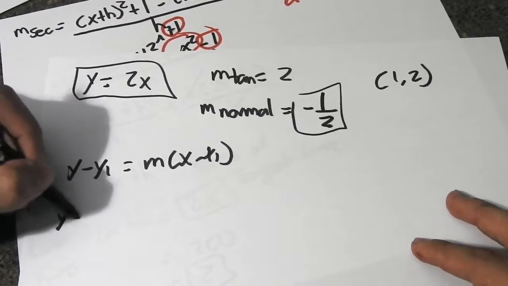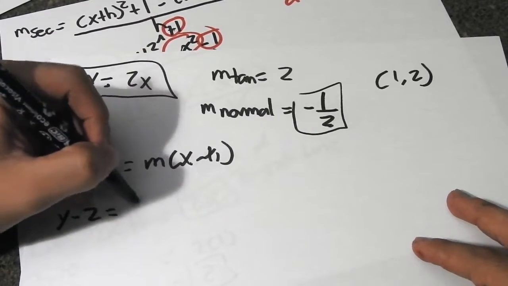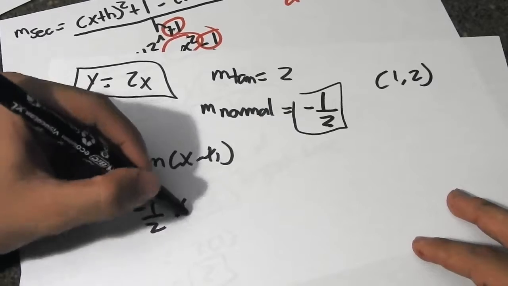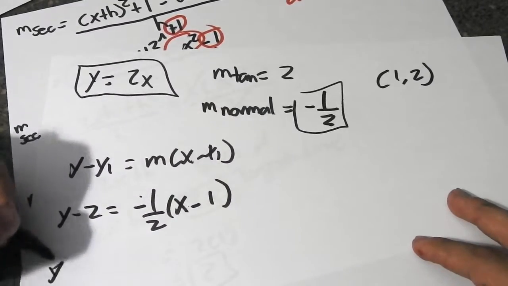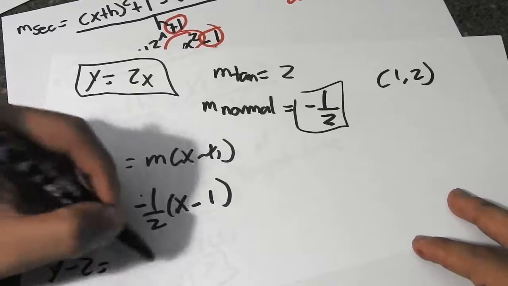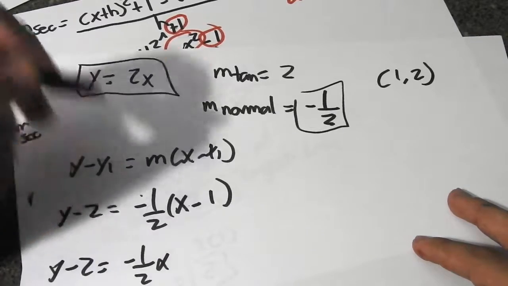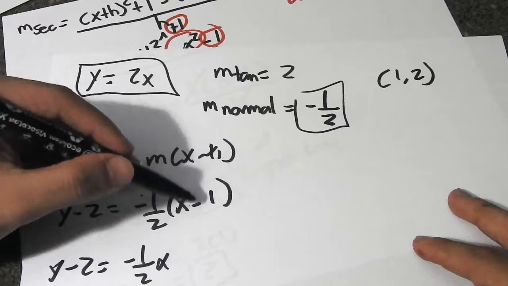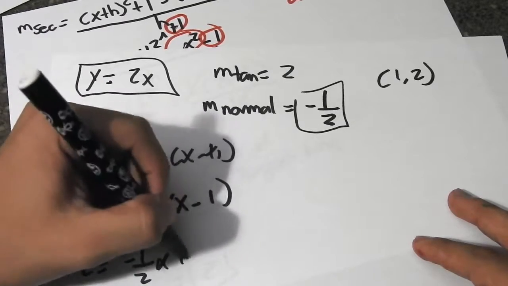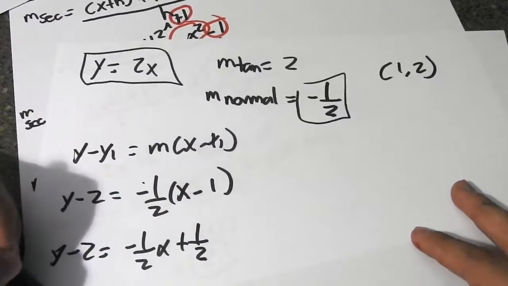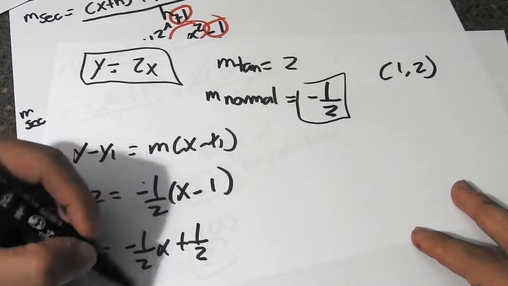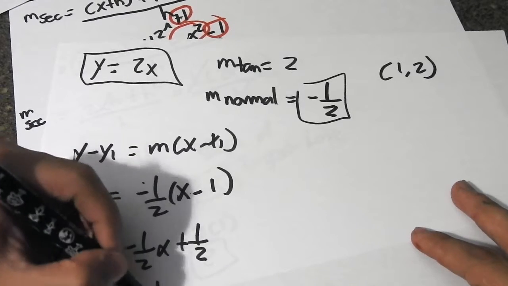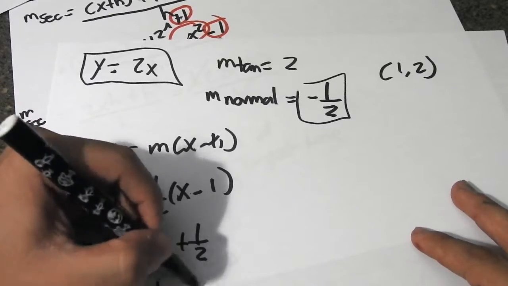So now we have y minus 2 equals minus 1 half times x minus 1. So we have y minus 2 equals minus 1 half x, and negative times negative is positive, plus 1 half. Y equals negative 1 half x plus 1 half plus 2.